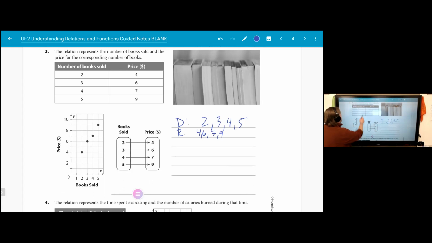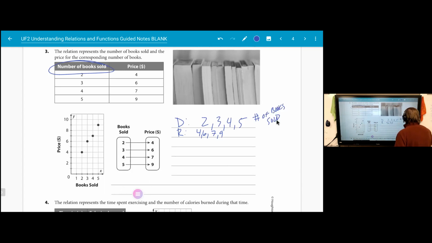The domain represents the number of books sold. The Y values, the outputs, the range represents the price.